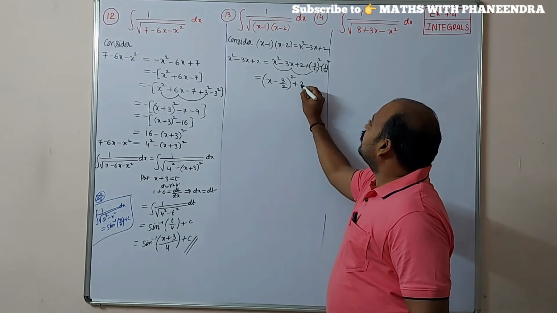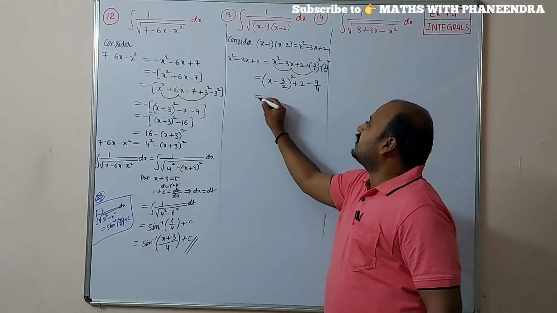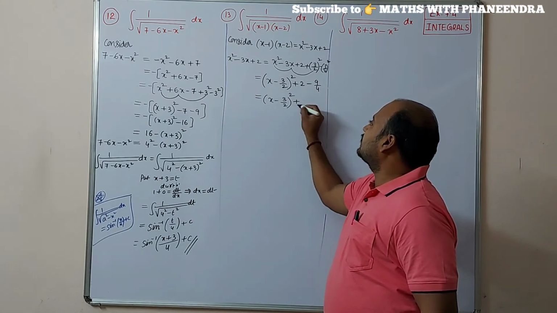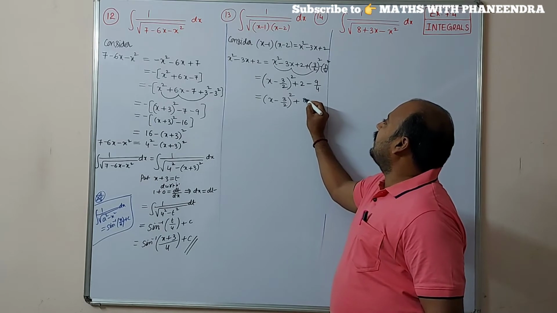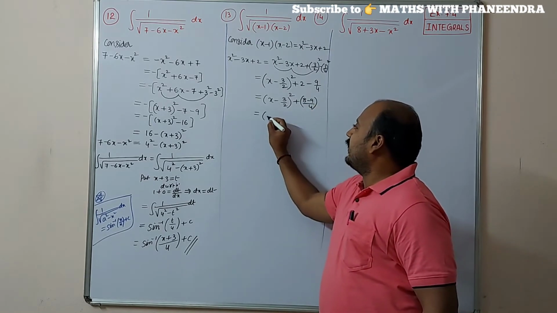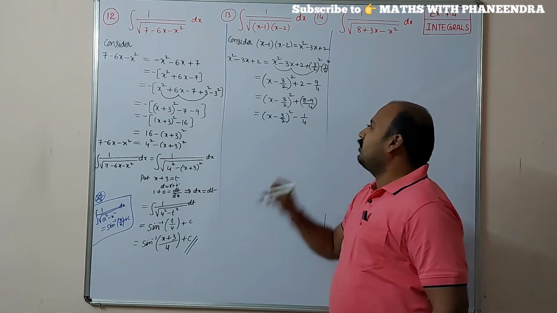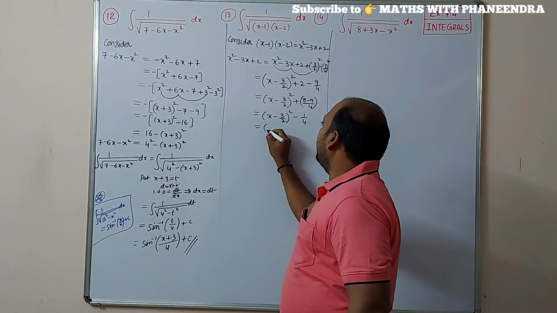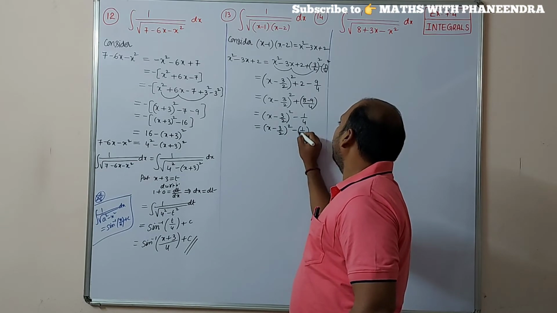The rest of the terms: 2 minus (3 by 2) whole square, that is 2 minus 9 by 4, which is 8 minus 9 by 4, so minus 1 by 4. So it is equal to (x minus 3 by 2) whole square minus 1 by 4. That 1 by 4 can also be written as (1 by 2) whole square. So (x minus 3 by 2) whole square minus (1 by 2) whole square.